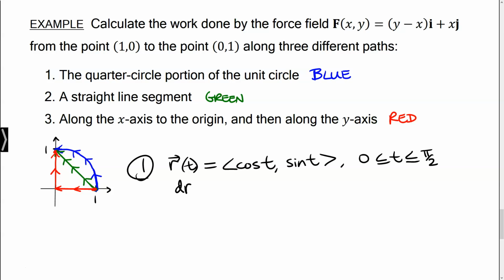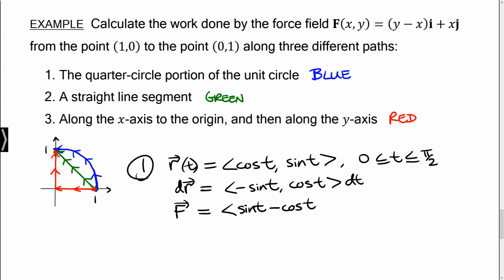Here, dr is going to be minus sine t, cosine t dt. And f, since it's y minus x, is going to be sine minus cosine, and then x, which is just cosine.